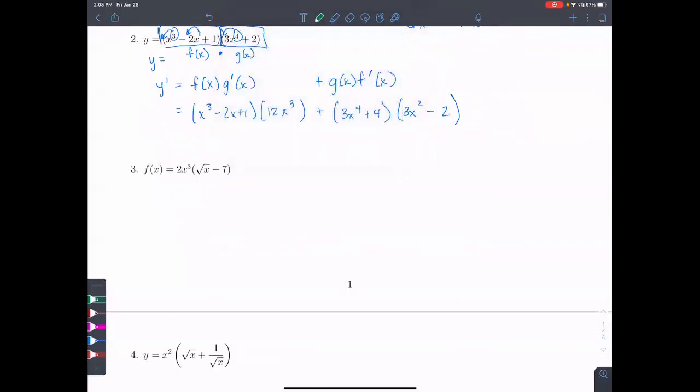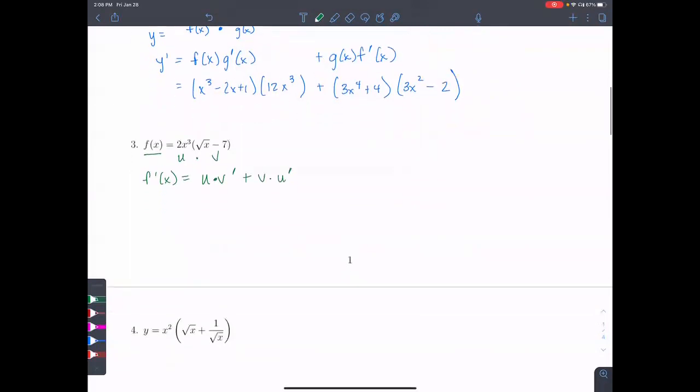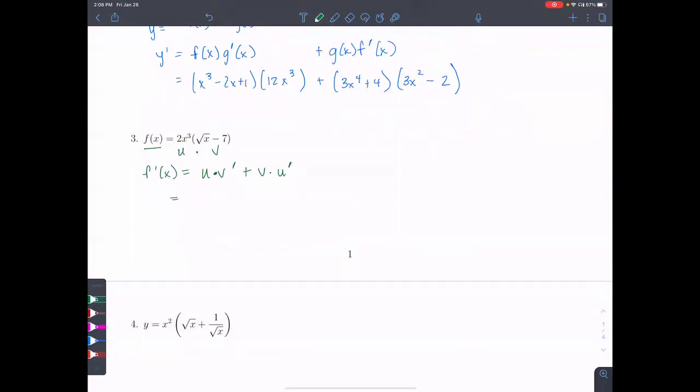So I'll call these u and v this time since this is called f. So f prime of x would be u times v prime, first times the derivative of the second, plus the second times the derivative of the first. So we would have 2x cubed, that's our first function.